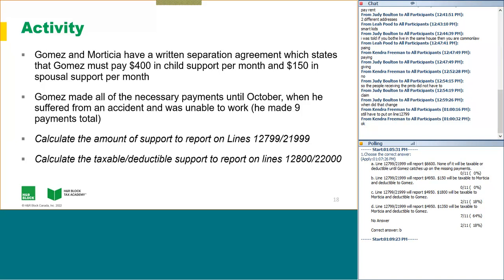Or option C, the payment will be reportable and taxable/deductible. Morticia and Gomez should include the lump sum payment on their 2022 returns because that's when the money was paid. What do you think? What happens to the lump sum catch-up payment amount? If it's reported, when is it reported?